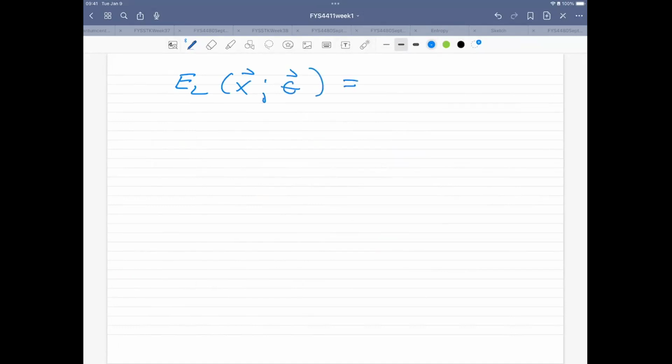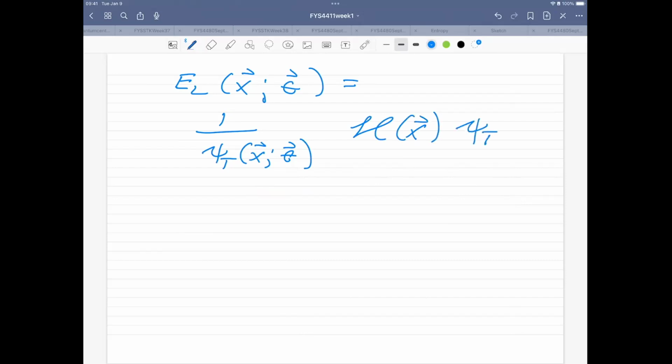And this is simply 1 divided by psi_T(x, theta) multiplied with the Hamiltonian, which depends only on x, and multiplied with psi_T(x, theta). So this is going to be my local energy.